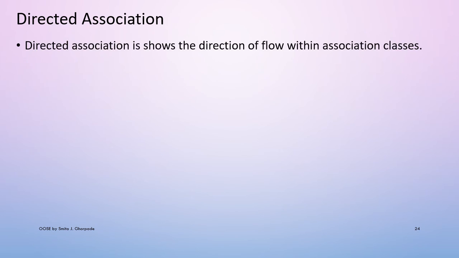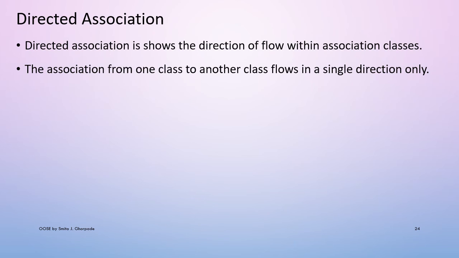Second type of association, directed association. As the name suggests, the directed association is related to the direction of flow within association classes. In a directed association, the flow is directed in a certain direction. The association from one class to another class flows in a single direction only.